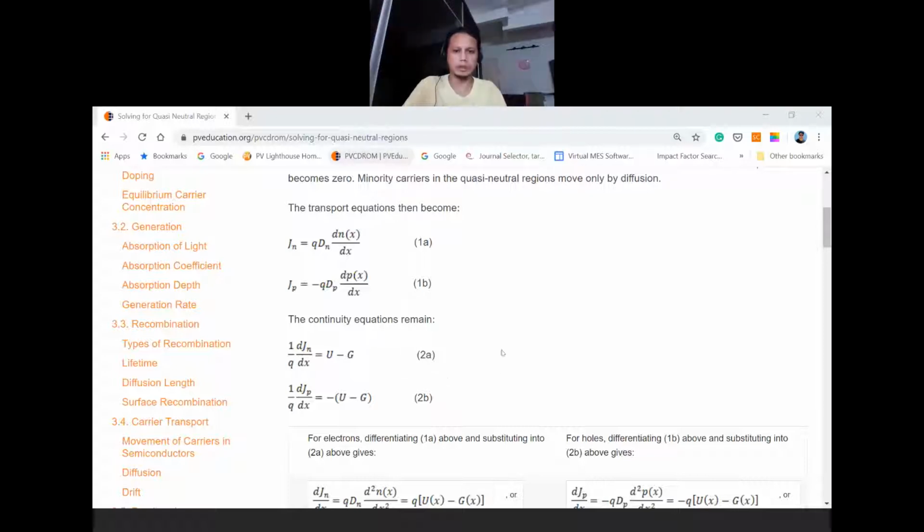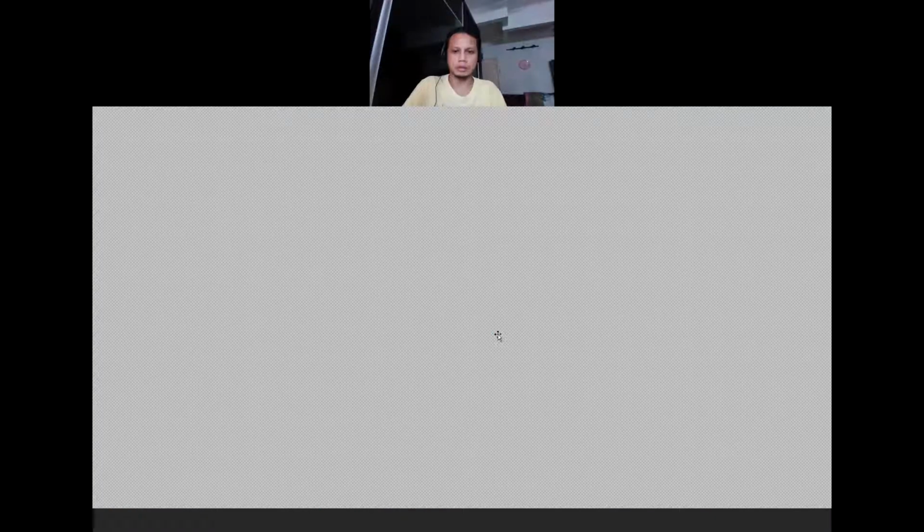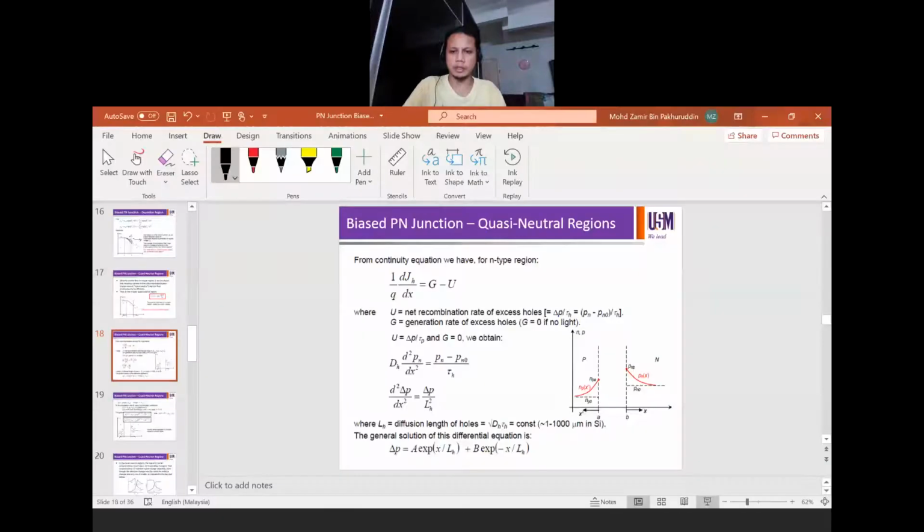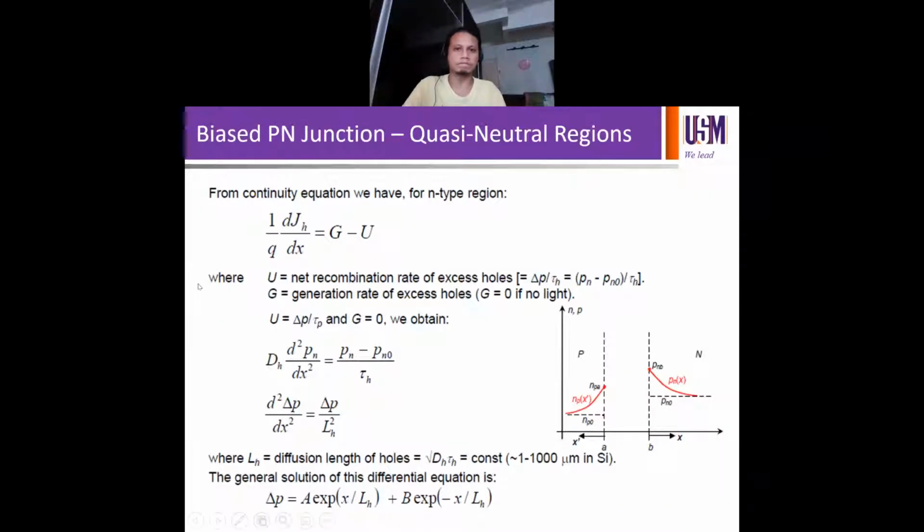So I'm going to come back to this page. We have last time covered briefly the continuity equation, and to be able to solve the quasi-neutral region minority carrier densities, we have to revisit the continuity equation.